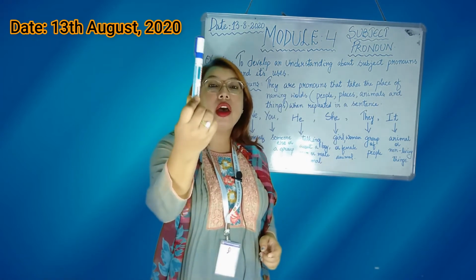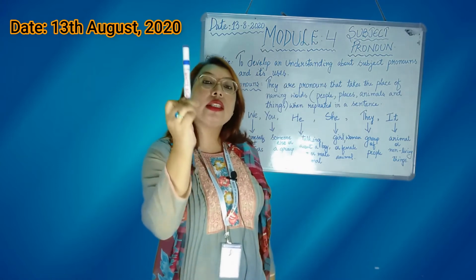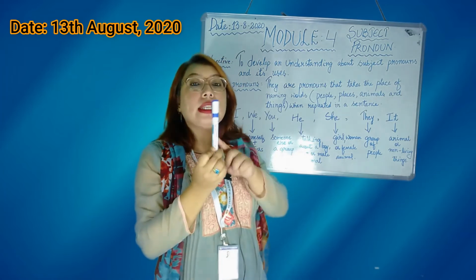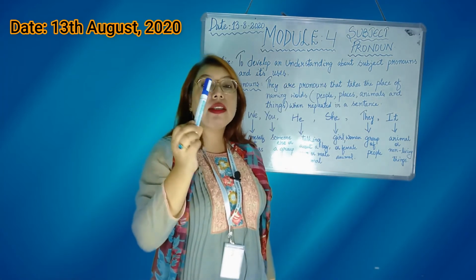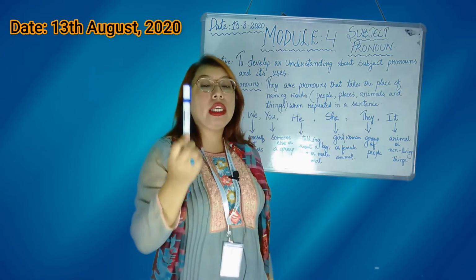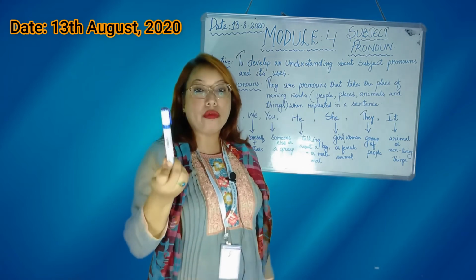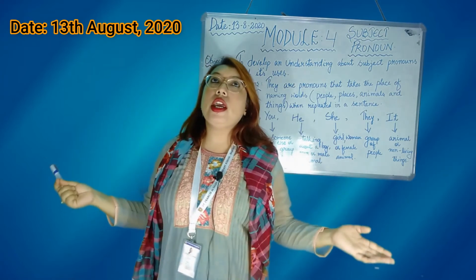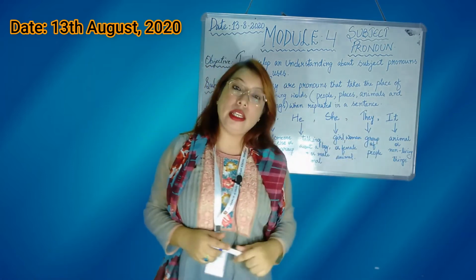I have a blue color marker pen. It is very new. I can say it is very new. Why? Because this pen is new, right? Why am I using it, the pronoun? Because it is a non-living thing. It doesn't move. So for table, chair, things around us, we use the subject pronoun it.